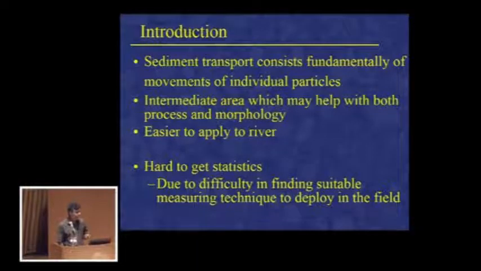One can throw a few stones and follow them and get a little bit of statistics. But over the years, it proved that getting these statistics is very hard. And this really limited our ability to interpret and use the data that we get from the field. One of the difficulties has to do with the technology that we use.